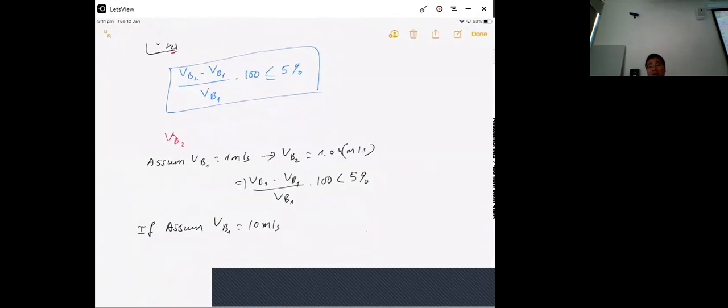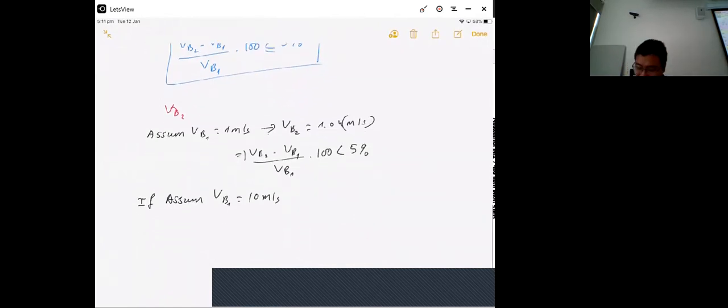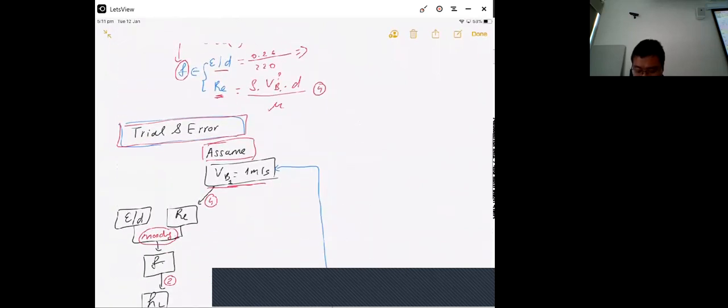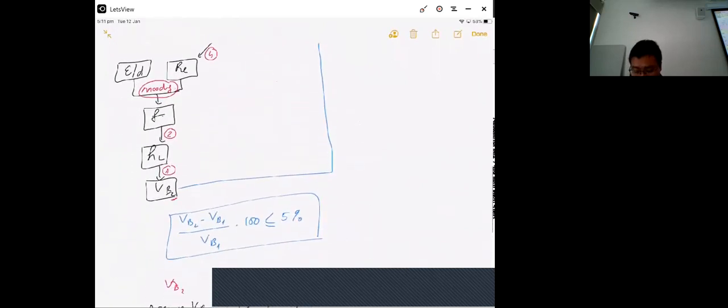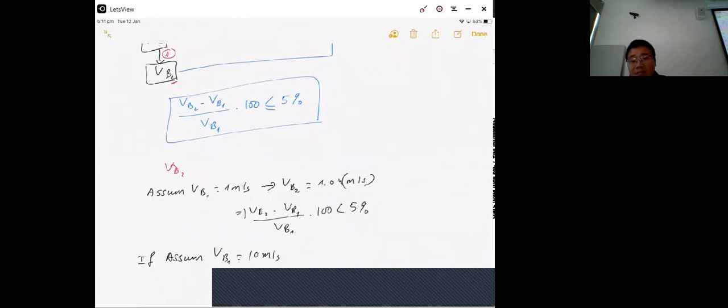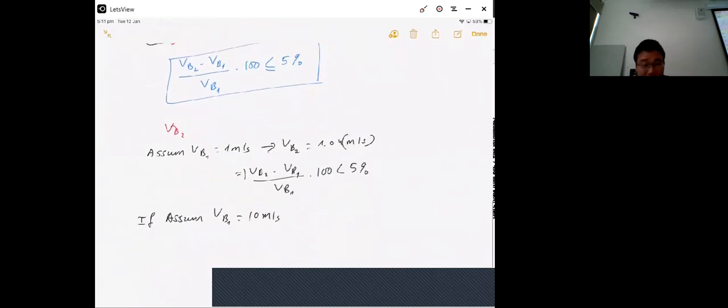Do it again. Maybe make it much smaller, or much bigger. So it depends on your luck. You can do it 1 time, 2 times, or 5 or 10 times. For example, in this question, if we assume VB is 1, VB2 is 1.04, it's very lucky. So in just one try you have the result, VB is 1 meter per second.